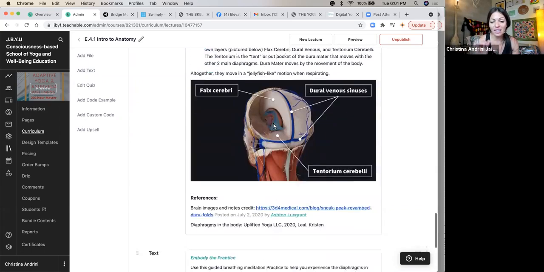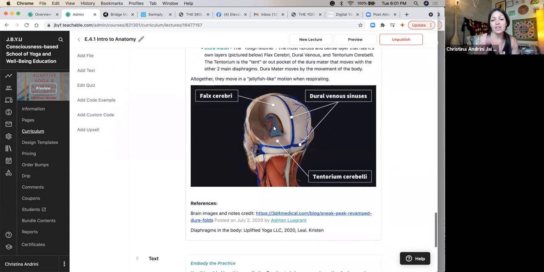We don't even recognize that we're breathing, or apneustic breathing that we've talked about back in pranayama and in meditation, that when we have that apneustic breath, we don't even know that we're breathing, and it's just so subtle. And that is the subtleness of how our brain diaphragm moves when we're breathing and doing these respiratory practices. So let's just recap that real quick.